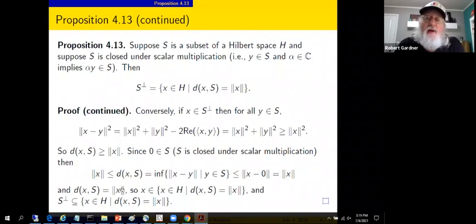That is, this x value is in this set. We chose in this slide x to be an arbitrary element of S perp, and we showed x is in that set on the right-hand side. So we've shown this is a subset of that. S perp is a subset of the set on the right. The previous slide, we had that subset inclusion reversed. So there's your set equality as claimed.